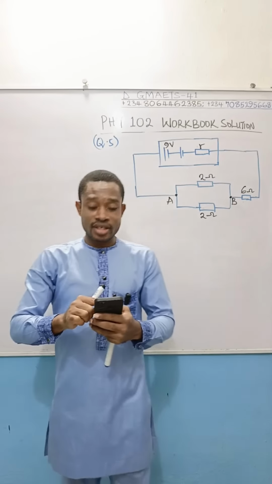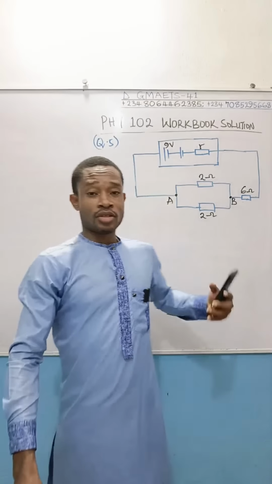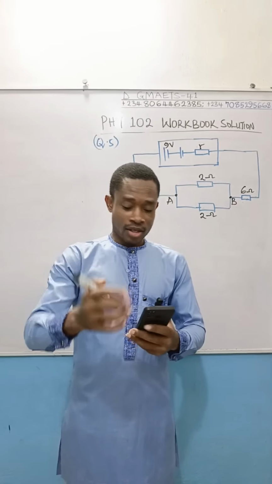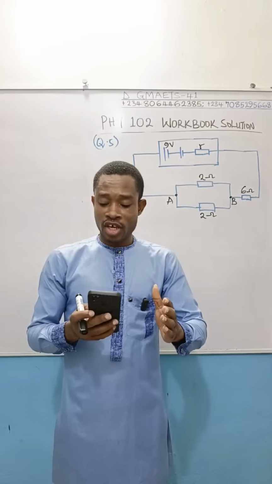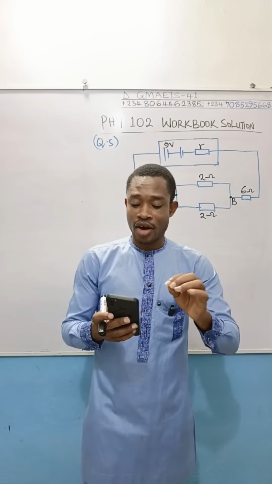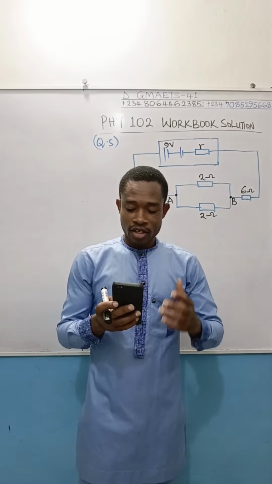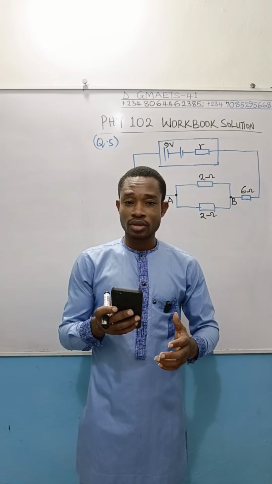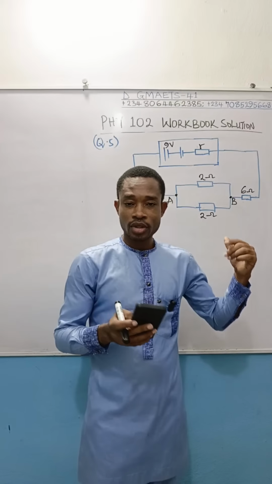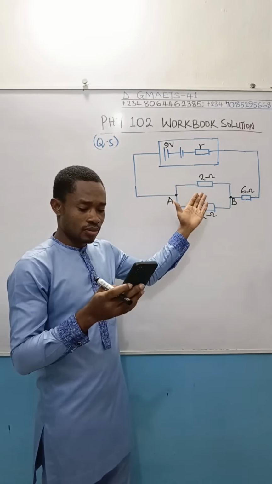I'm going to dictate the question linked to this diagram as you have in your manual. A battery of EMF 9.0 volts and internal resistance r is connected in the circuit shown in the figure below. So this is the circuit.